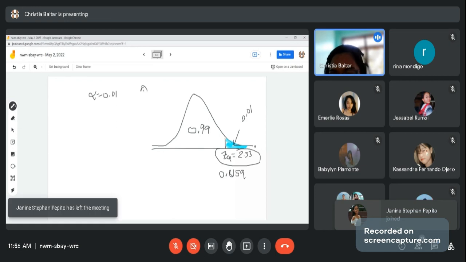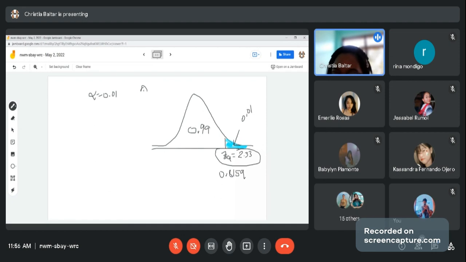The values inside the Z table, those are probabilities. The critical value we look at is in the side values, the column values and the row values. So the column value of 0.99 is 2.3. Then the row value is 0.03. So basically, that's 2.33. Okay?